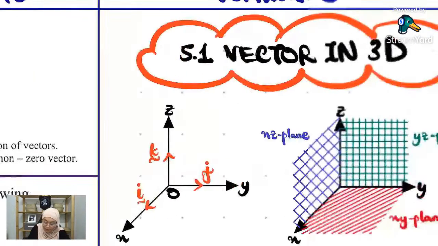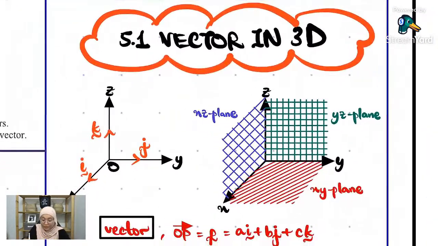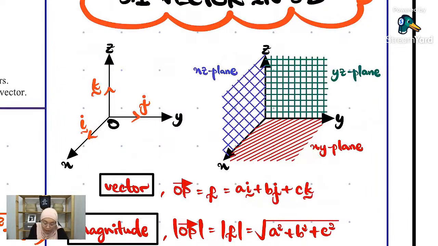All right. Before that, let me introduce to you some types of vectors in 3 dimensions. Please understand that when the word is 3D, it means we have 3 axes. We do not have only x axis and y axis sahaja, tapi kita mempunyai x axis, y axis, dan juga z axis. So this is called 3D, 3 dimension.